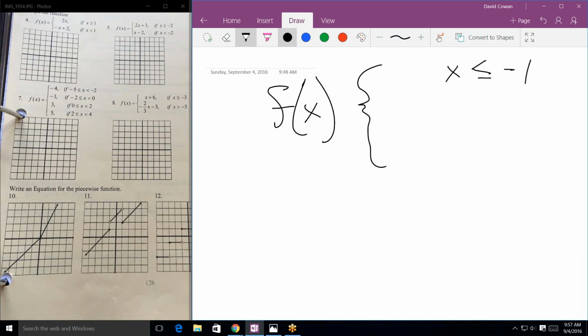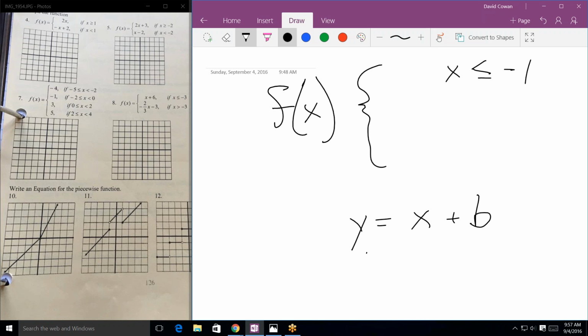So how else can I figure out what this thing is? Well, I know that it's y equals mx plus b, and I know the slope is 1. So if I want b, let's plug in a known point. What's that point right there where the black dot is? That point would be (-1, 1).